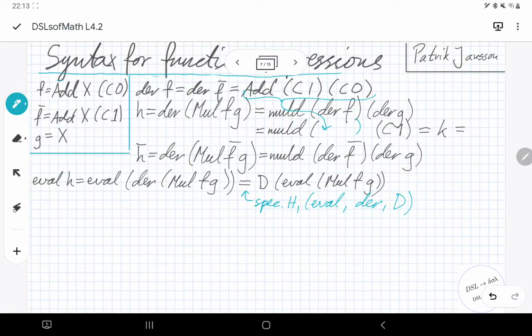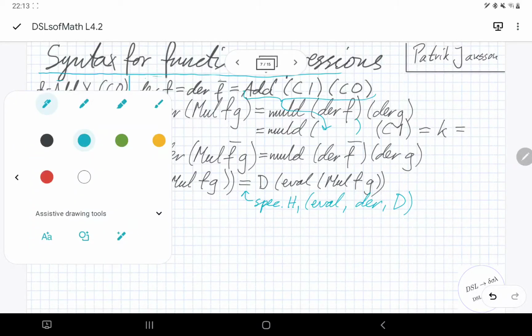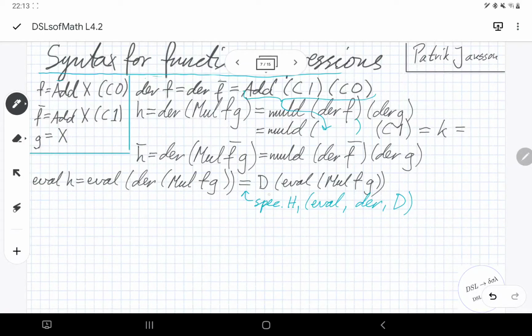Okay, anyway, the reason I'm doing the transformation into the mathematical world is that then we can start computing the derivatives. So first we have to compute the eval for the multiplication case. If we remember that we introduced instances of multiplication for functions, we might remember that eval is also a homomorphism.